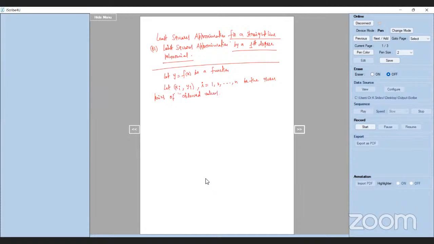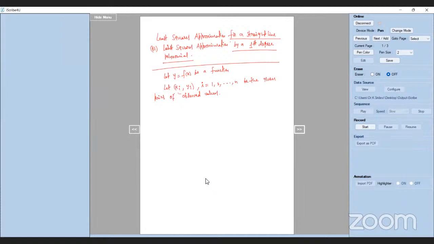So you can take these x values from x0 to xn, that means n plus 1 values, or x1 to xn. Whichever values we take, there is nothing to worry.